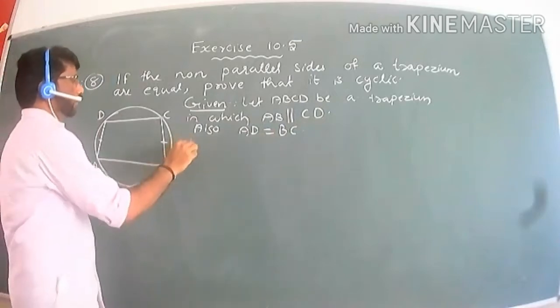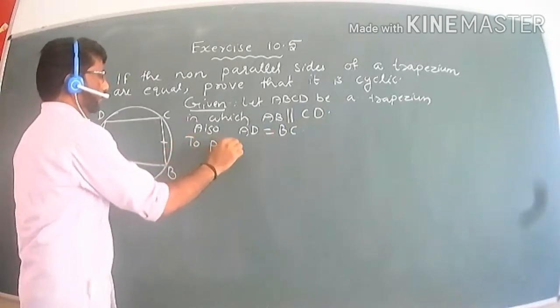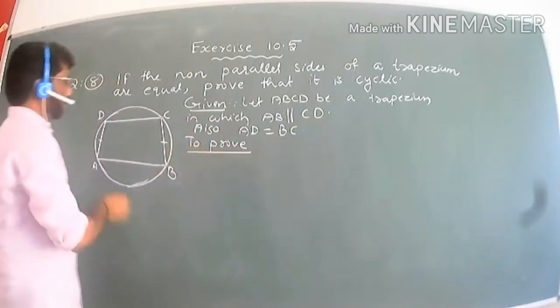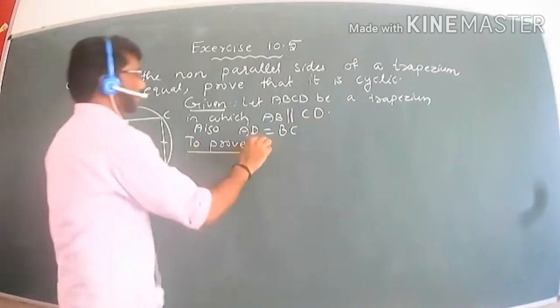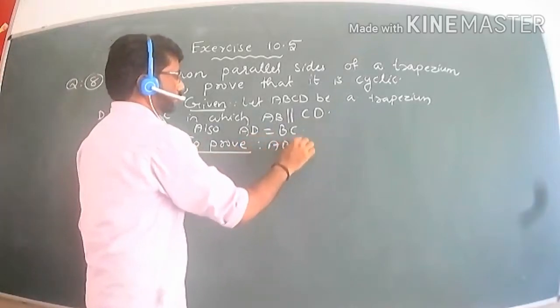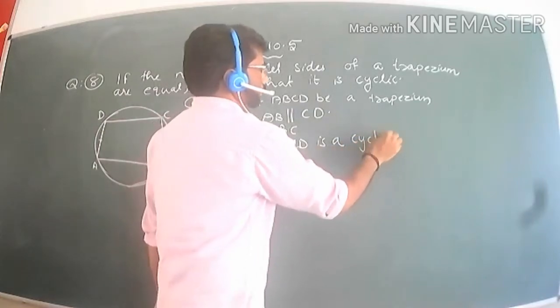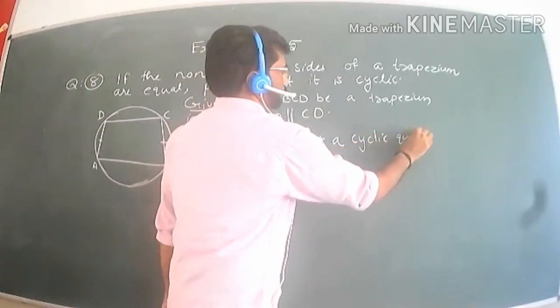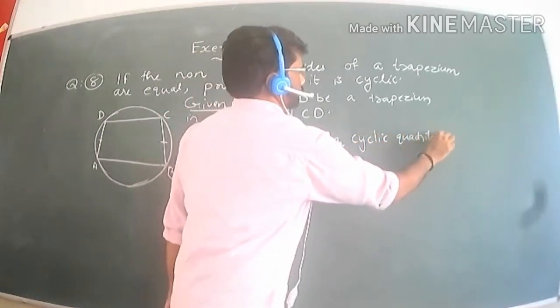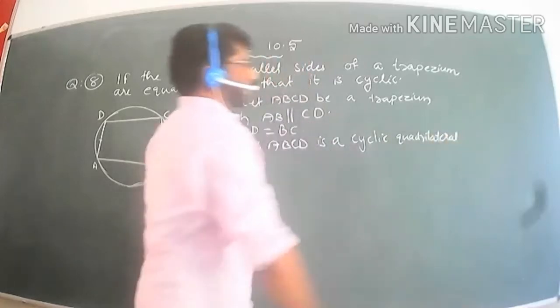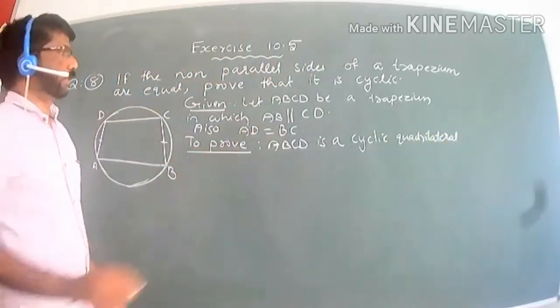What we have to prove? To prove: ABCD is a cyclic quadrilateral. We have to prove that ABCD is a cyclic quadrilateral.